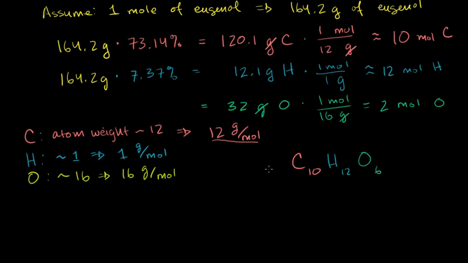We have for every mole, or you can think of for every molecule of eugenol, 10 carbons, 12 hydrogens, and 2 oxygens. This right here is the molecular formula. And the empirical formula is essentially taking this ratio into the simplest terms.